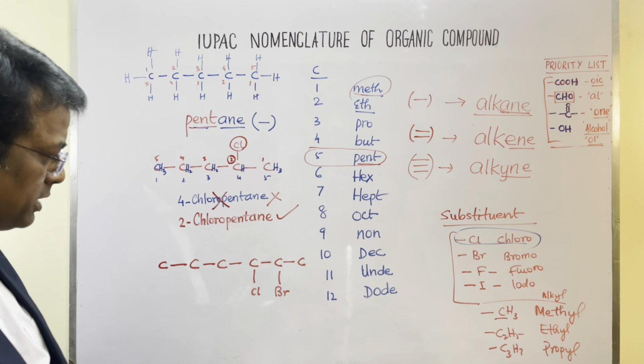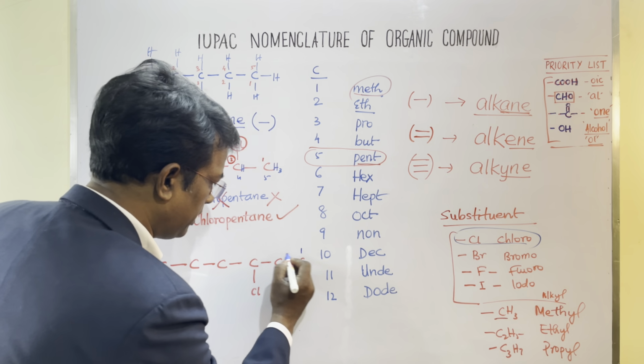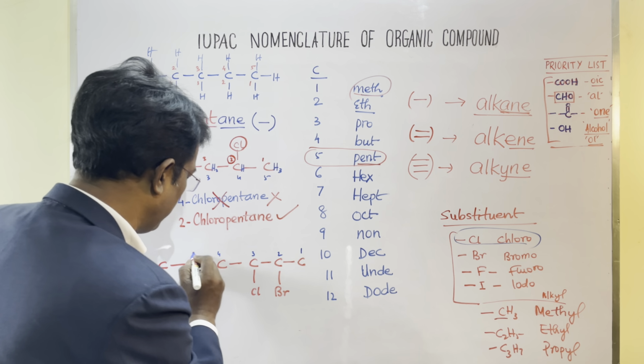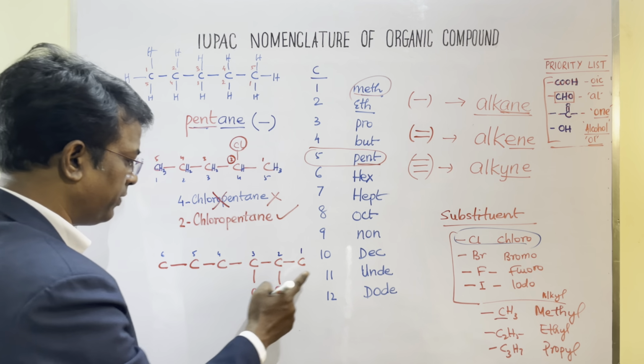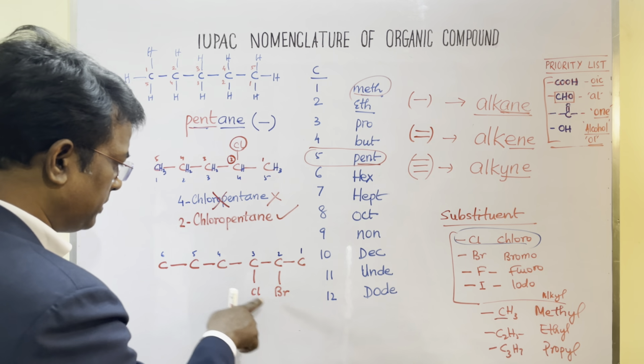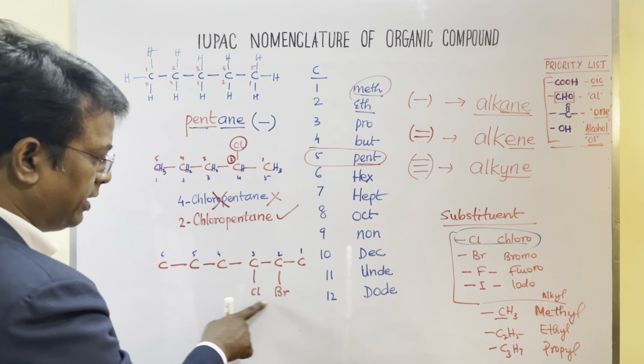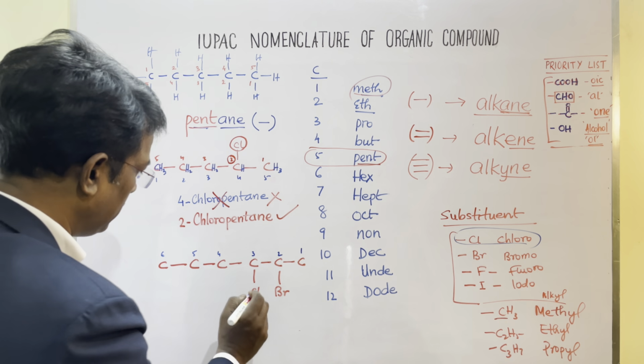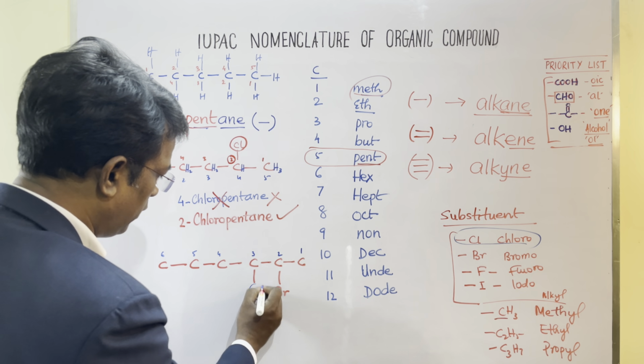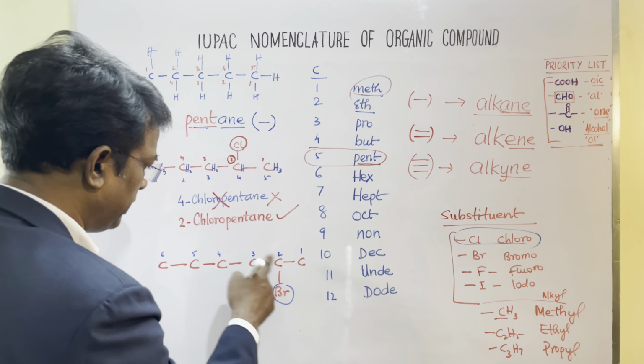So we will start the numbering from the last one, 1, 2, 3, 4, 5, 6, rather than from the other end. The lowest possible value will be assigned to the carbon numbers to which these substituents are attached. Now both these halo groups are attached to carbons 2 and 3 respectively.